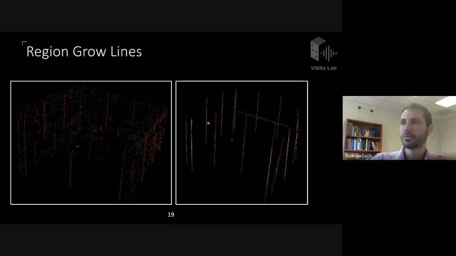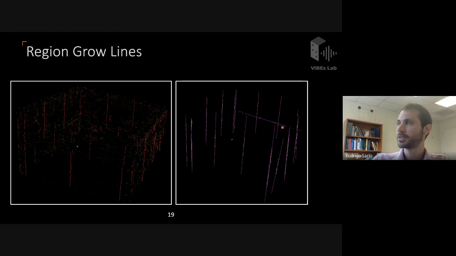This was sliced in the z direction, so this is aimed at identifying columns. We can see that there's a lot of noise, but there are clear linear regions, so we can extract that using this process.